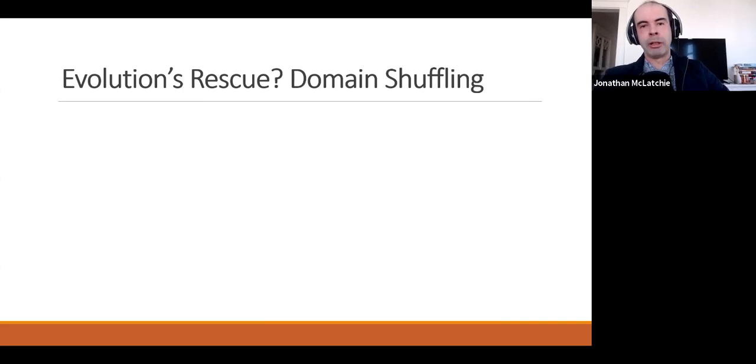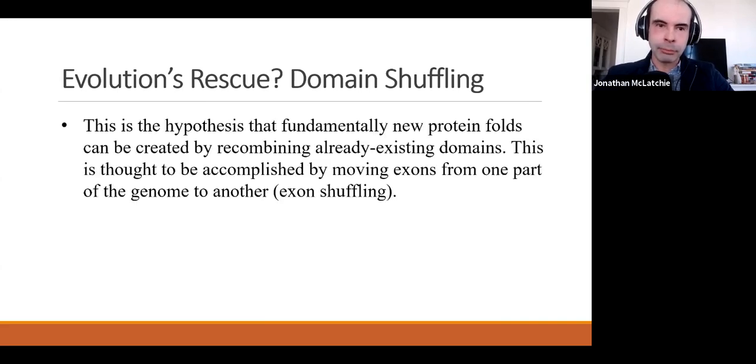Now, one scenario that's often put forward by evolutionary biologists is this idea of domain shuffling or exon shuffling. And this is the hypothesis that fundamentally new protein folds can be created by recombining already existing domains. And that's thought to be accomplished by moving exons, those are parts of genes that code for proteins, from one part of the genome to another.